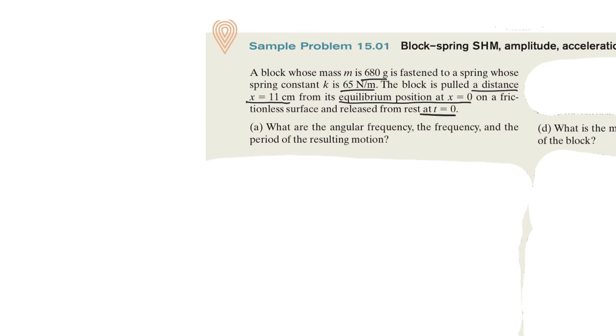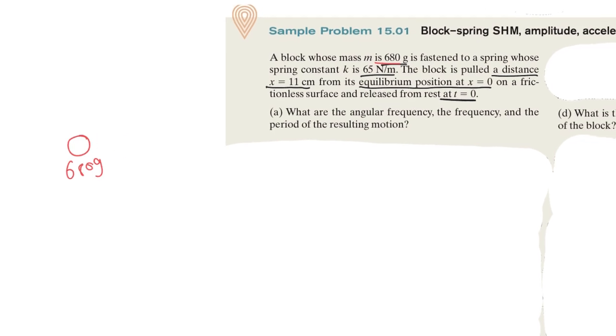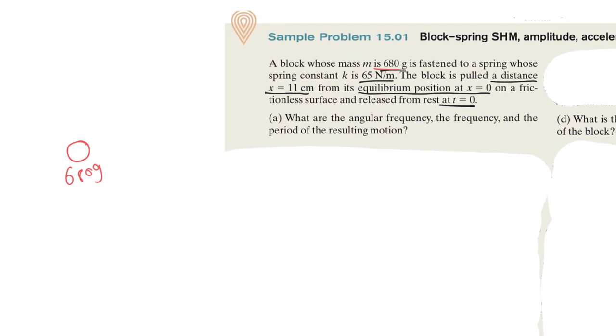Okay, so now we have a block of mass 680 grams, fastened to a spring, and this spring constant k is equal to 65 Newton per meter.